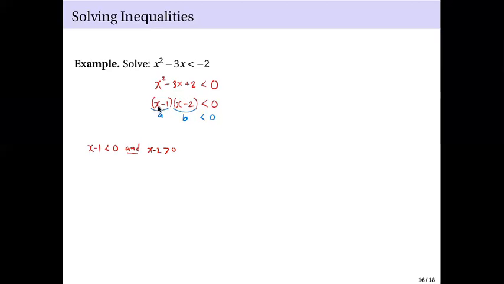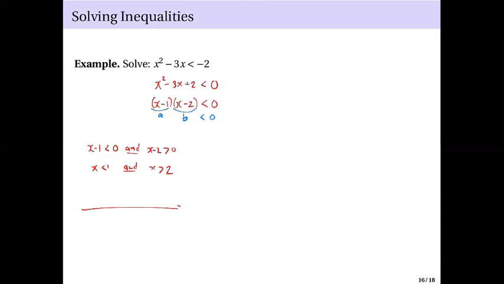So this is negative, this is positive. If you multiply them, you'll still get negative. So if we calculate this, we have x less than 1, and here x greater than 2.